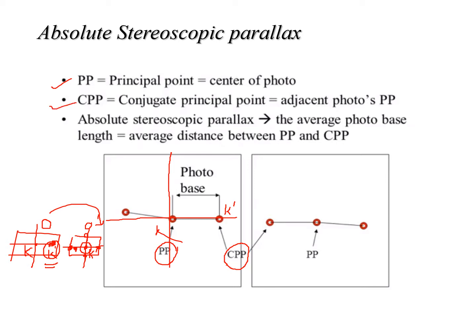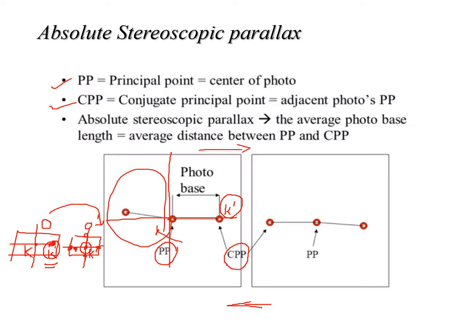Anyhow, these two will appear on the same photographs. When the flight is in this direction, definitely K dash will be appearing here, but when the flight is in this direction, K dash will be appearing in this portion to the left, also the center point or principal point.